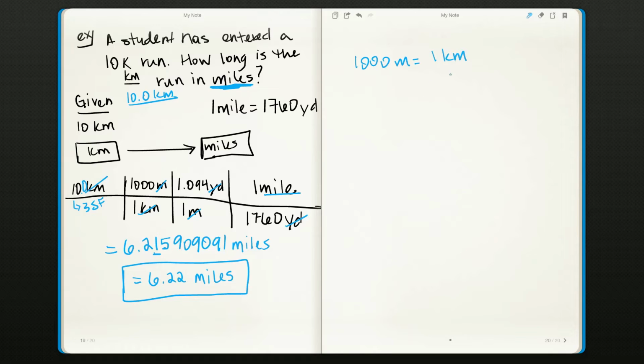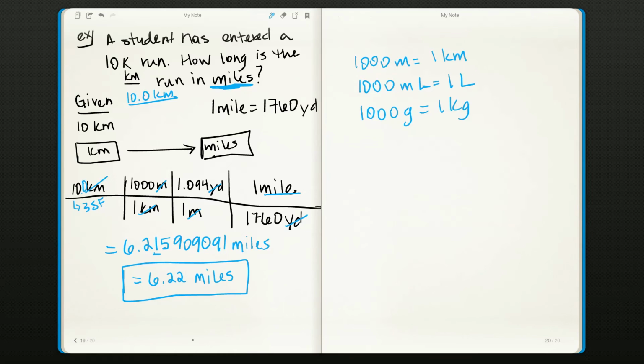So it's really those prefixes that we would use, or 1,000 milliliters equals 1 liter. So if we need to convert from milliliters to liters, or from grams to kilograms, stuff like that.